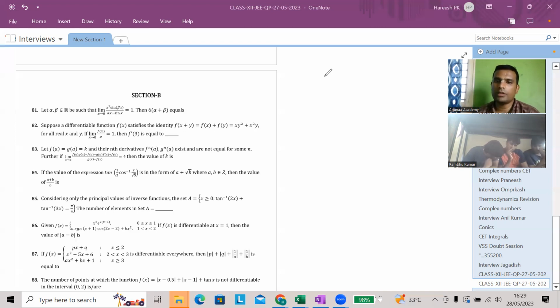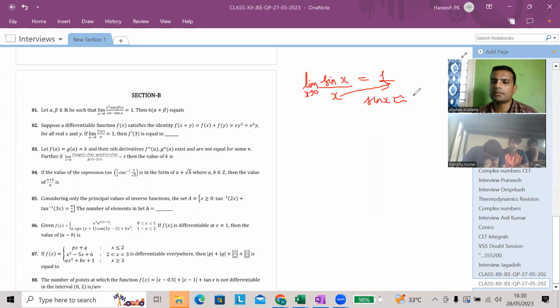Okay, we know that as x tends to 0, sin x by x is how much? 1. That means I can write sin x approximately as x. But where can you write this? Generally only in the denominator, only in the numerator. When there is plus or minus, you should try avoiding.